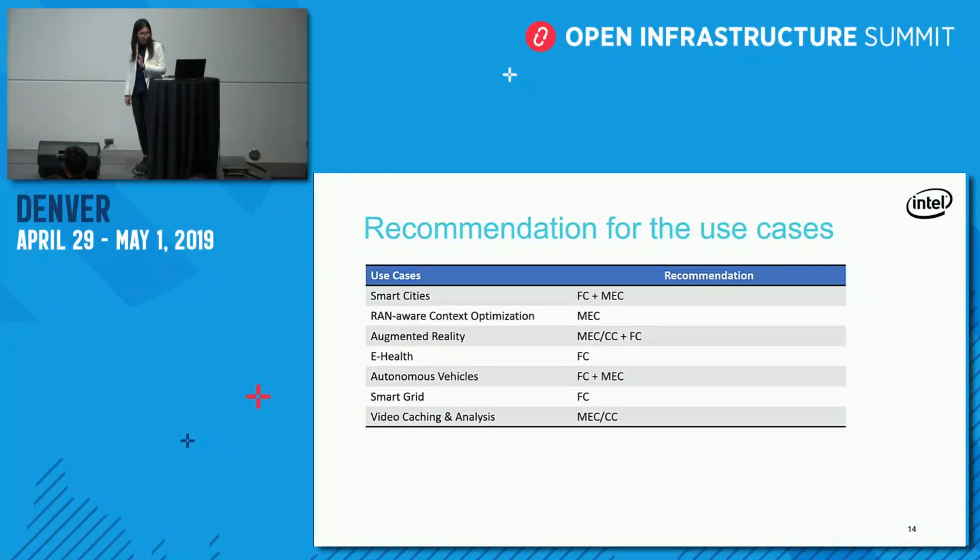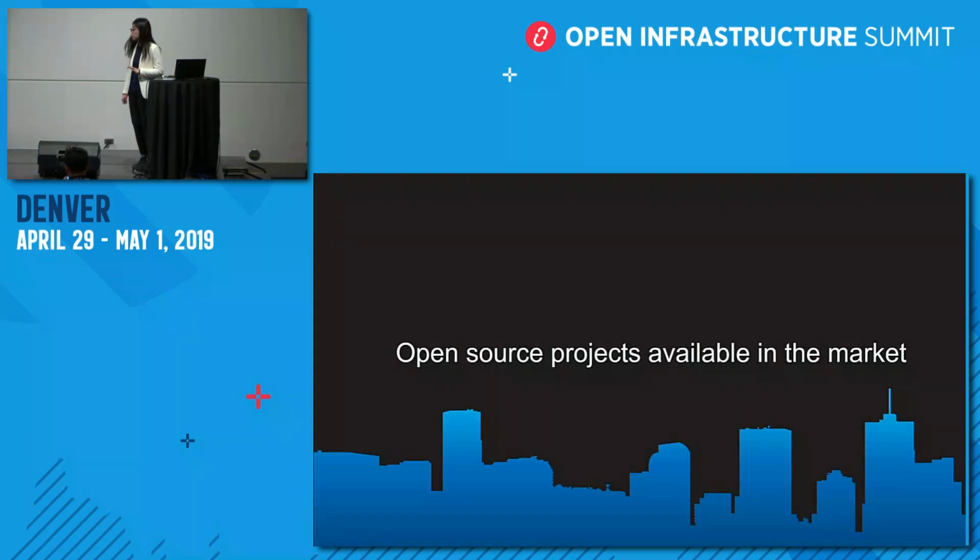Okay, so for the other use cases, I'm also giving these recommendations. You can take a look later. I'm using the same workflow to map them to the implementations I've mentioned before. So next, we're going to talk about the projects. There are so many projects targeting the edge.